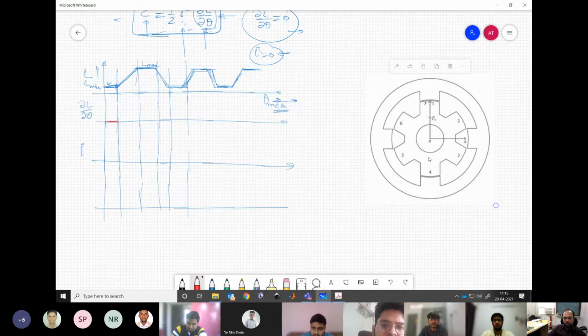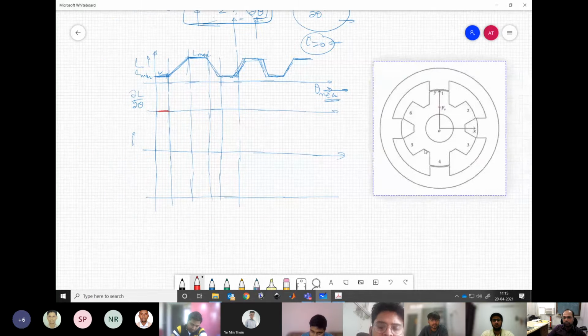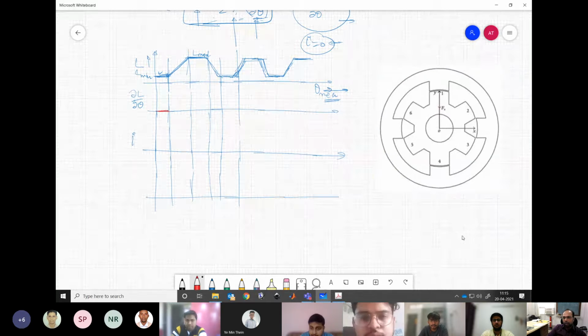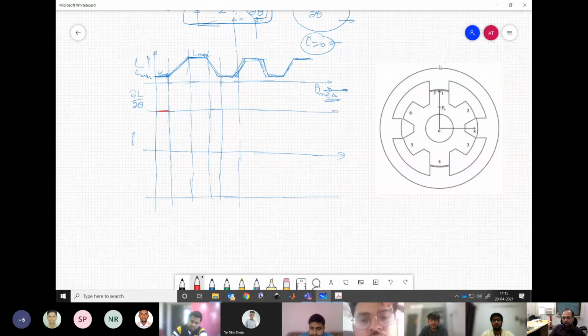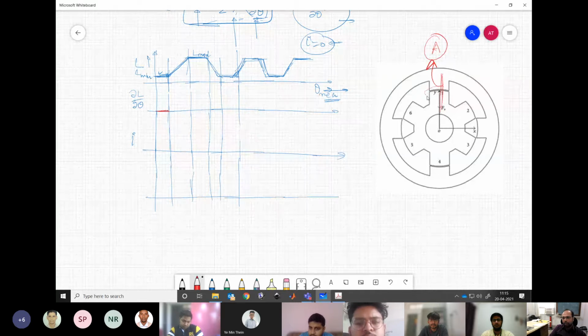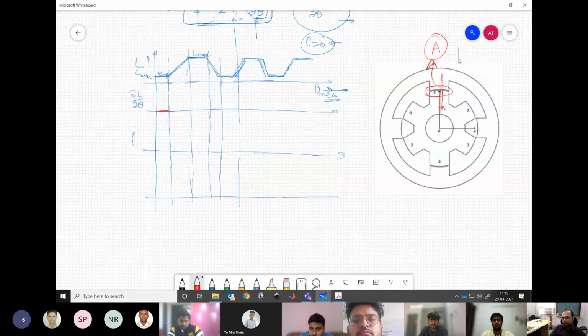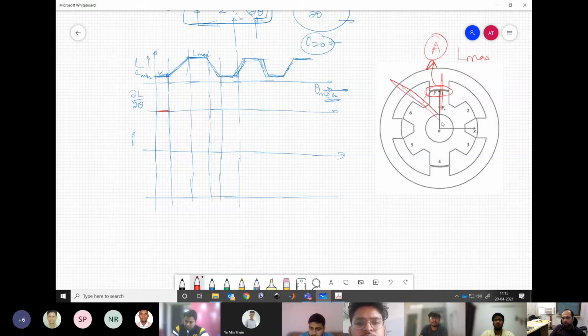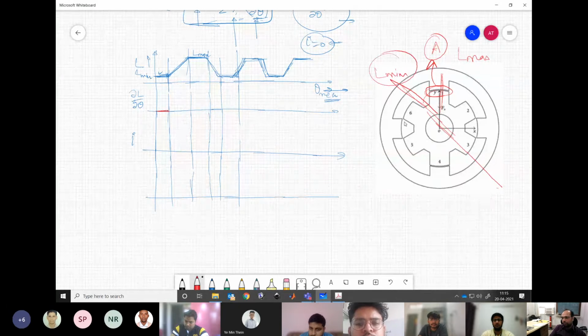Okay, so probably this will help in understanding a little better. Now you see the positions over here. Let's say with respect to this pole you are talking about, A. This is where it has the maximum flux linkage, or we can say this coil will see the maximum value of inductance. Now once this moves to a position something like this, there we will see the inductance at the minimum value.